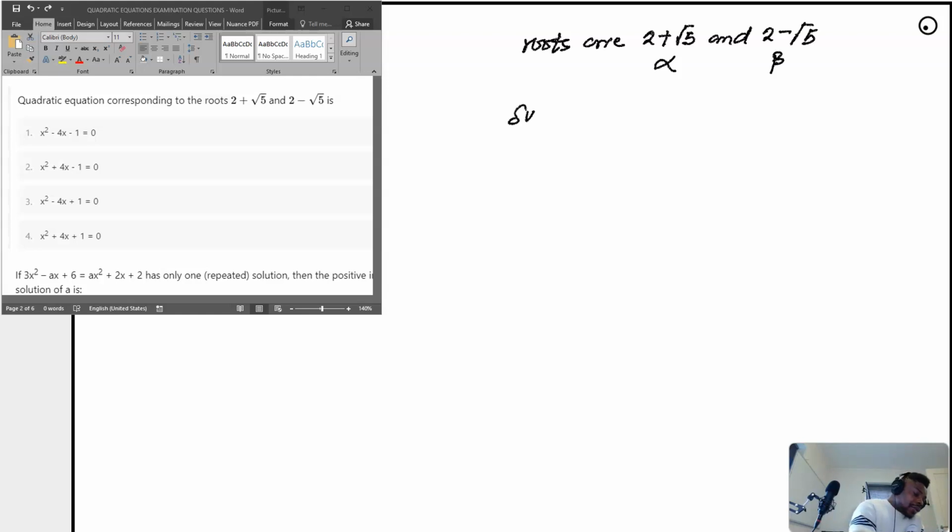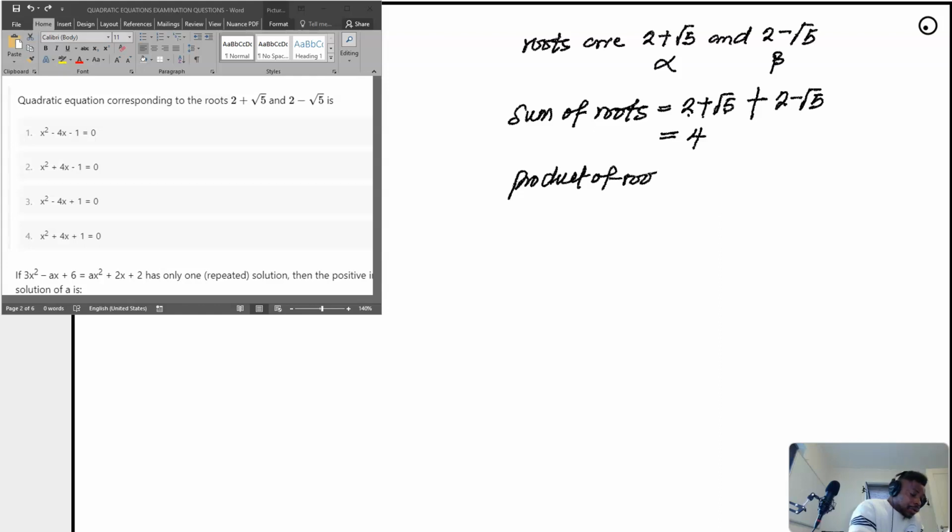So here, let's get sum of roots. Sum simply means 2 plus root 5, you add it to 2 minus root 5. 2 plus 2, that is 4. Plus root 5 minus root 5, that is 0. Then product of roots.